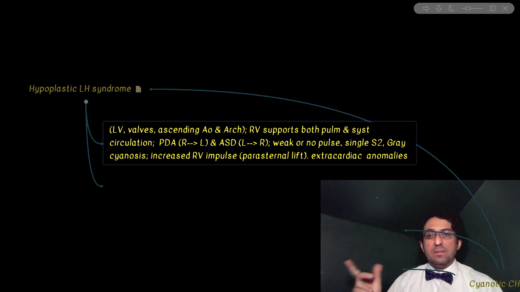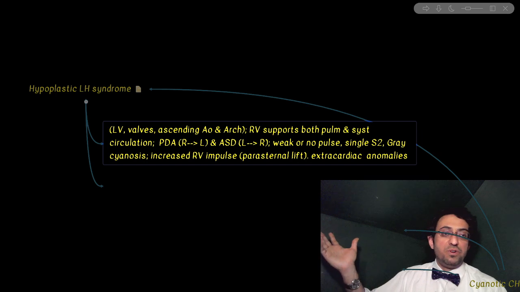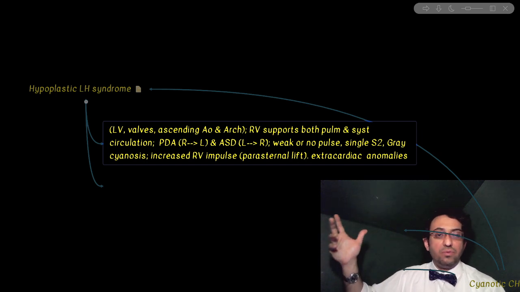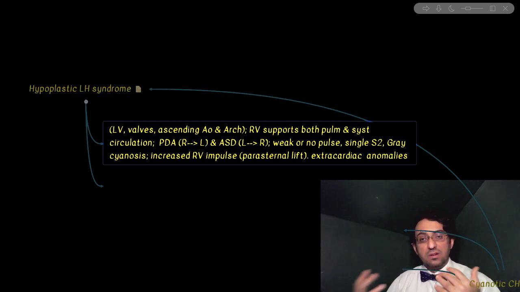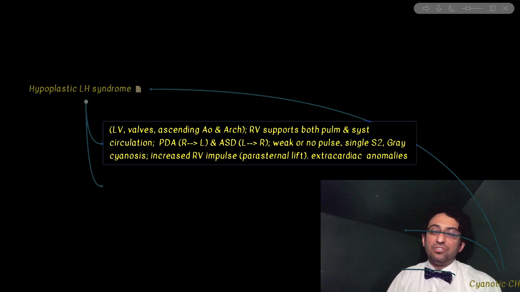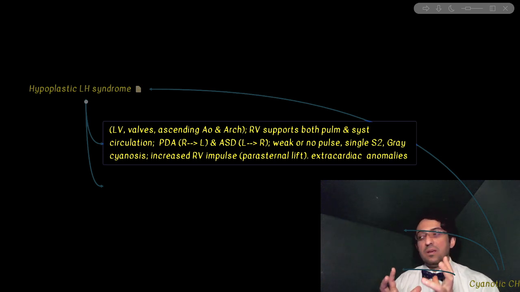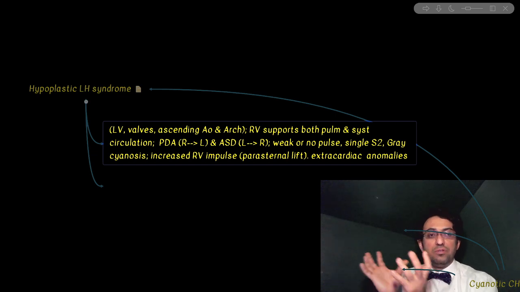While the PDA is from the high pressure, high flow pulmonary artery to aorta, and therefore a right to left shunt causing gray cyanosis, the ASD is the one that pumps the blood from the left atrium to right atrium.